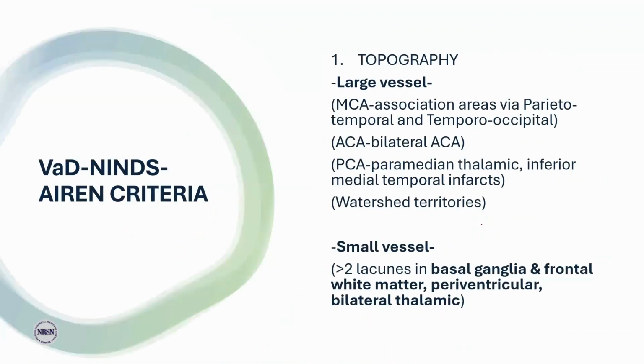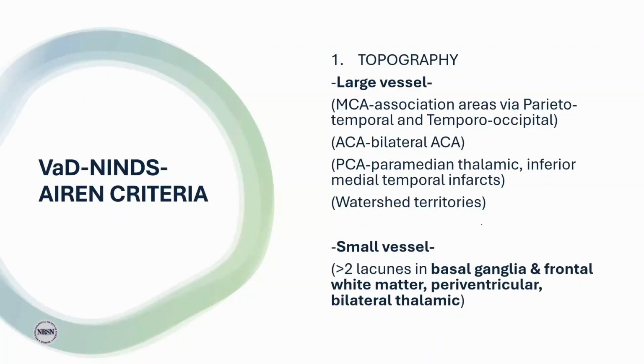So the National Institute of Neurological Disorders and Stroke criteria in radiologically diagnosing vascular dementia divides this into two: one, the topography and the severity. Now, for the topography, where is involved? The large vessel affectation will be seen in the MCA territory or MCA association areas, via the parietotemporal and the temporooccipital areas.